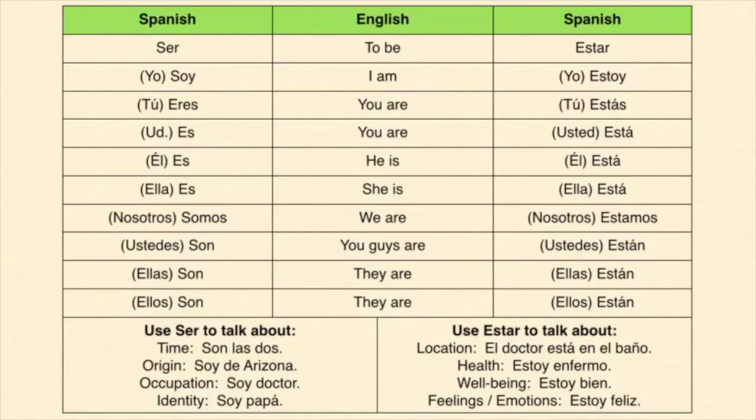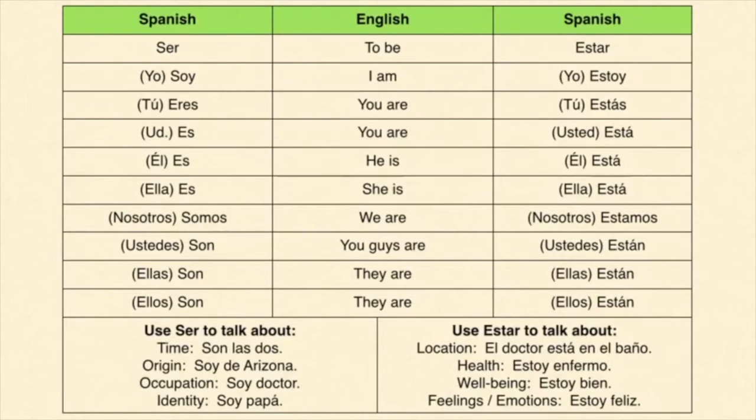She is, ella es or ella está. Nosotros somos, nosotros estamos. To say you guys are, we could say ustedes son or ustedes están. To say they are, ellos or ellas son or ellos or ellas están.